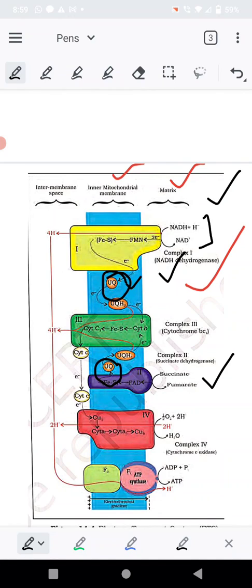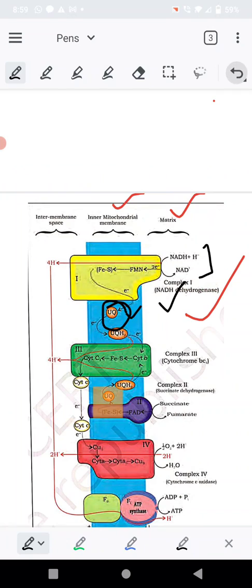The reduced ubiquinone, after getting the electrons, is known as ubiquinol, and it is then oxidized by transferring the electrons to complex 3, which is known as cytochrome BC1. So whatever electrons are received by ubiquinone from complex 1 and complex 2, they are all transferred to complex 3, that is cytochrome BC1.